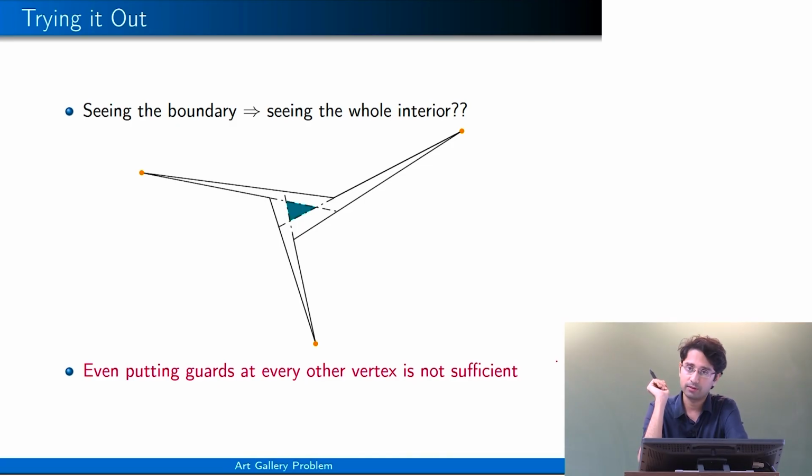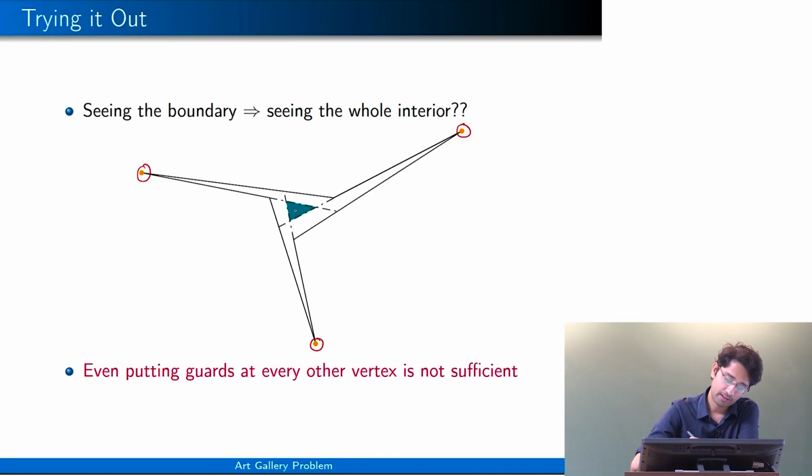Suppose this is my polygon and I have a guard here, here and here. Do these 3 guards cover all the boundary of the polygon? Boundary is covered, right? What about the interior? So, not true.